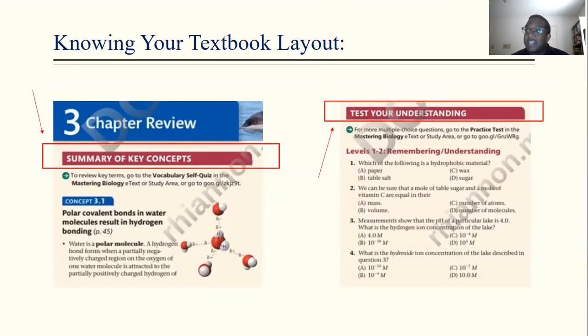Along with reading the summary of key concepts, it is important and highly recommended that you answer these practice questions provided for you at the end of every chapter. Not only does it offer you a chance to review the material, but also in the past, it has been shown that professors will use some of these questions on their exams.